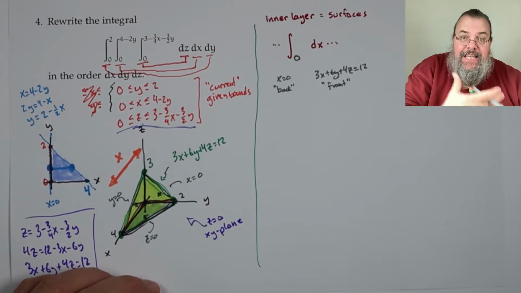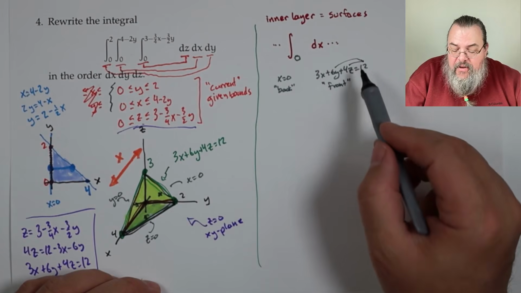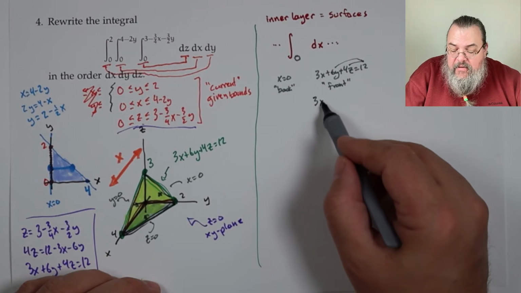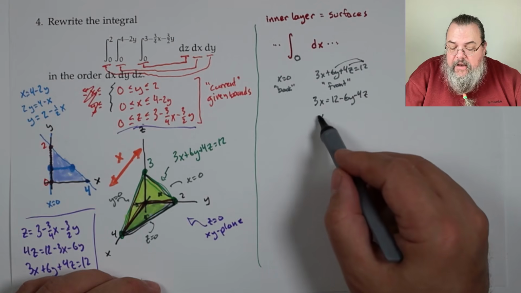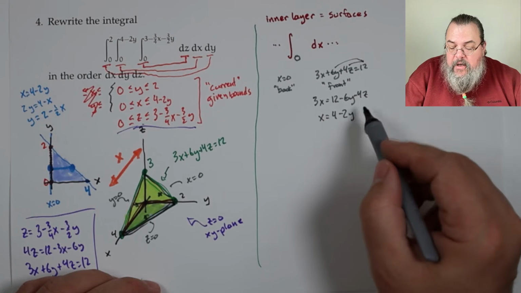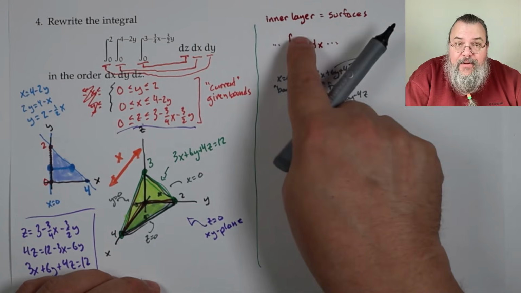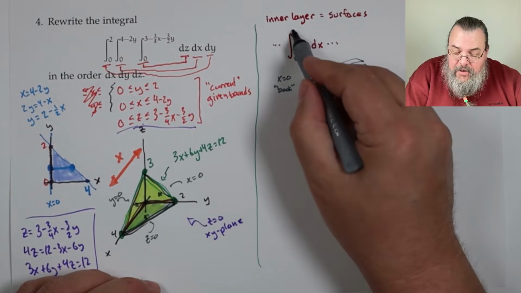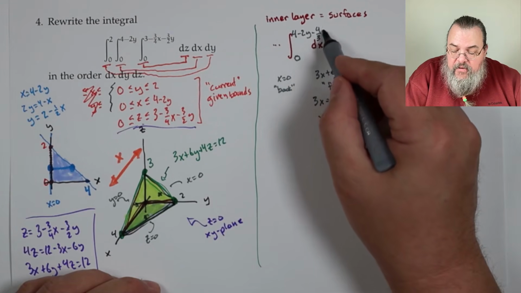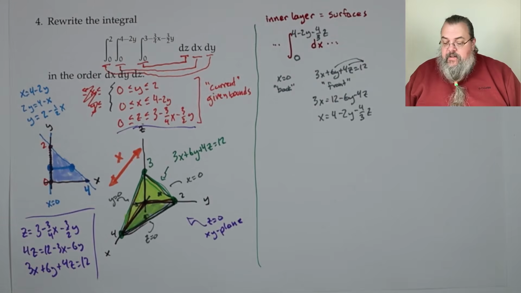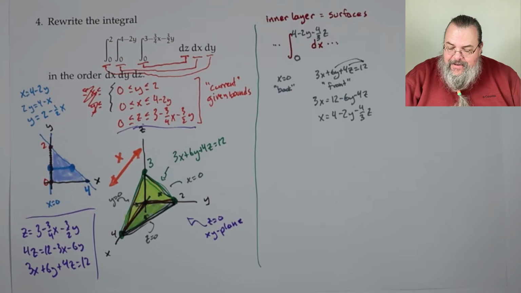We need x equals. So we're going to move things across and solve for x. So 3x equals 12 minus 6y minus 4z, or x equals 4 minus 2y minus 4/3 z. And that's what goes up here. So 4 minus 2y minus 4/3 z. All right. Now, with that, we've got our inner layer.